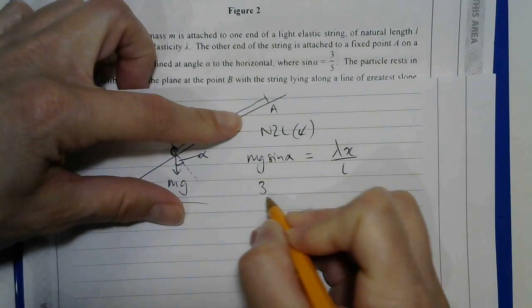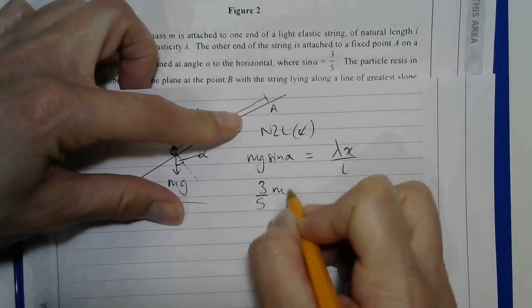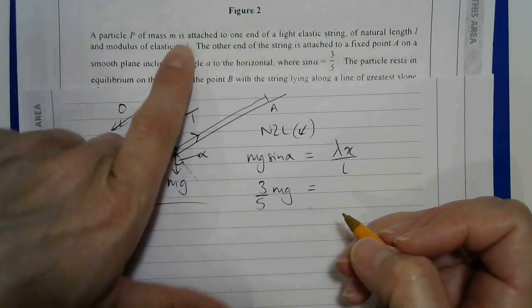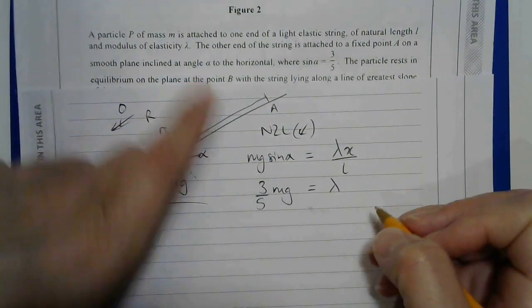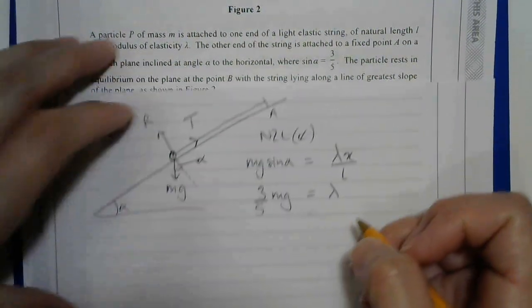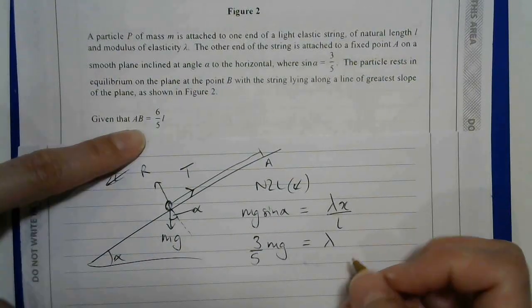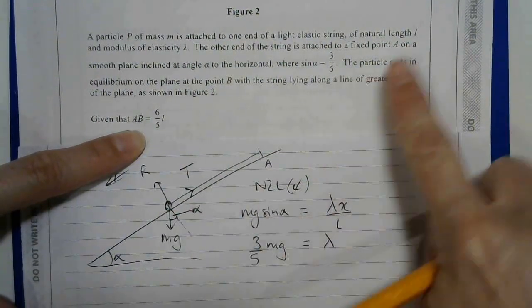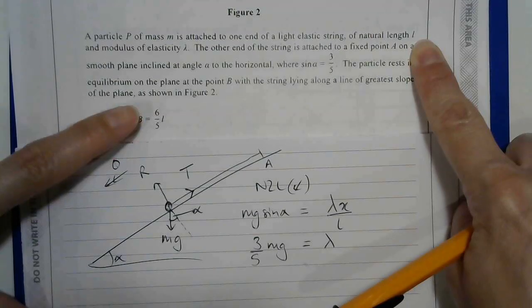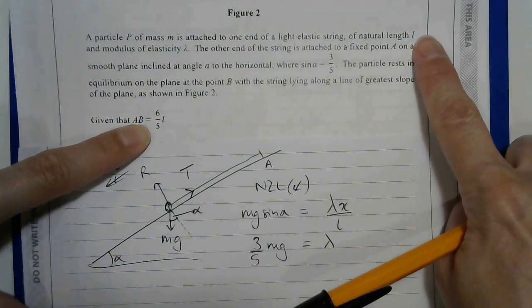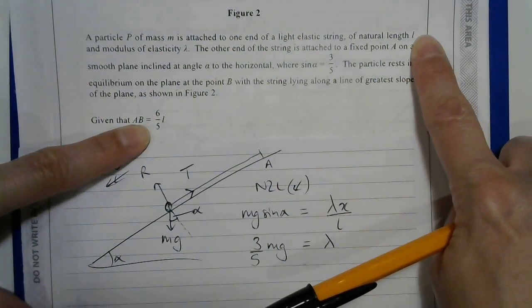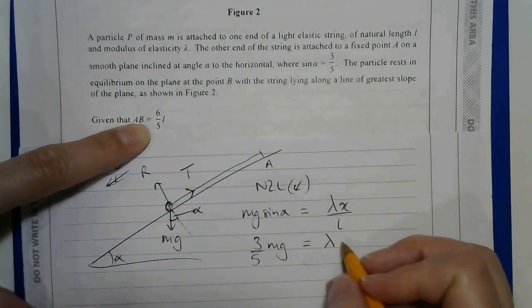So here I get 3/5 mg equals lambda, the modulus is just lambda. The extension is going to be the difference between AB and the natural length. So I need to do 6/5 L, take away L, in other words 5/5 L, and so I get 1/5 L.